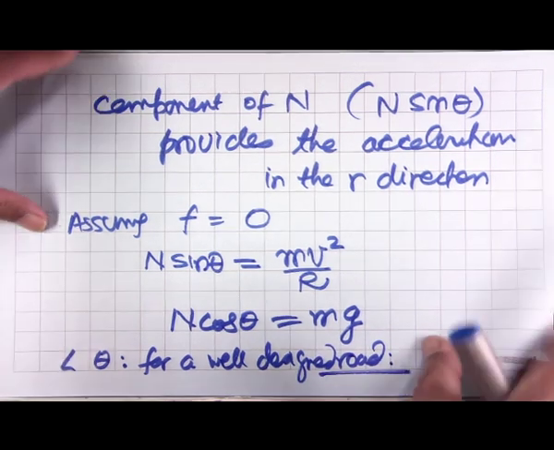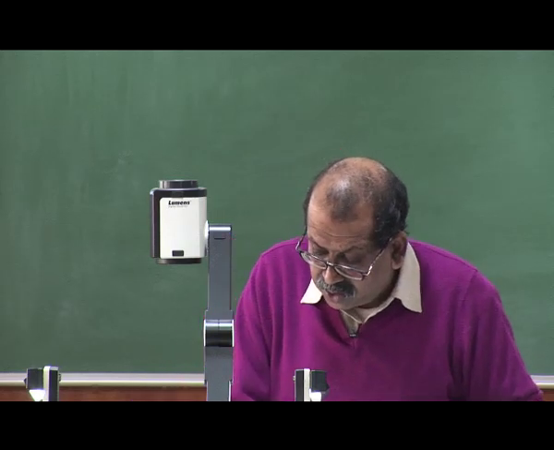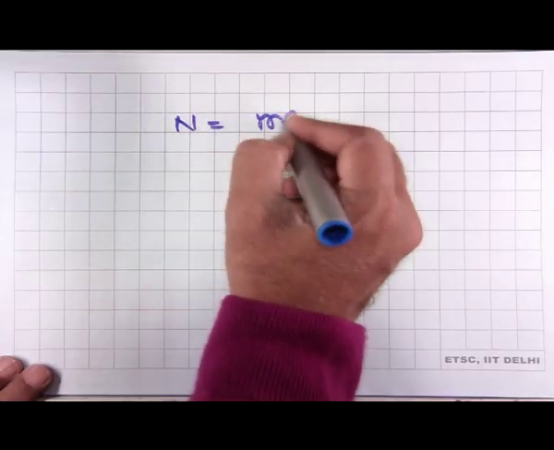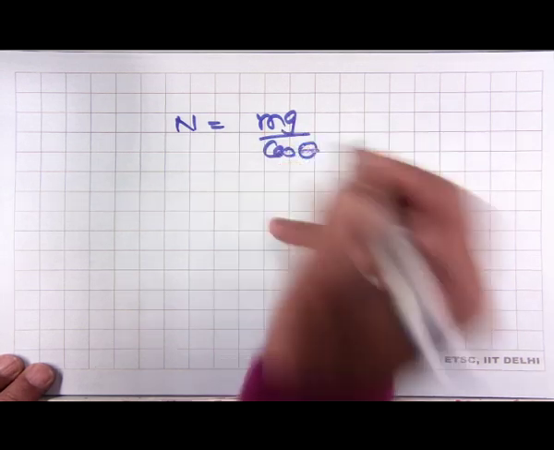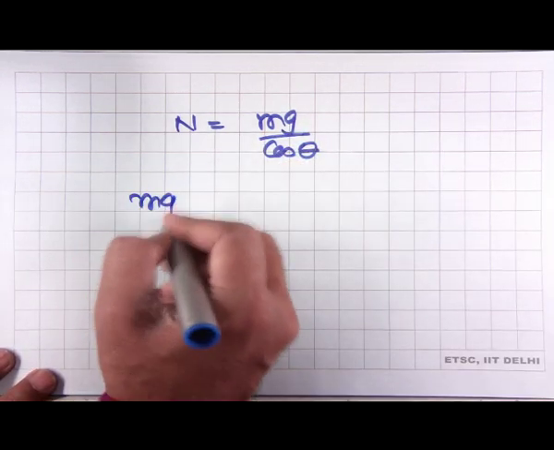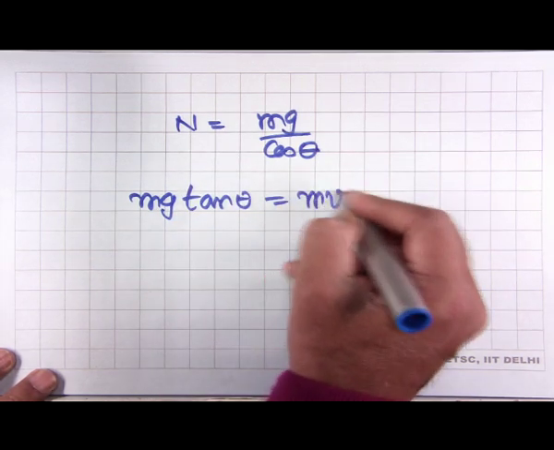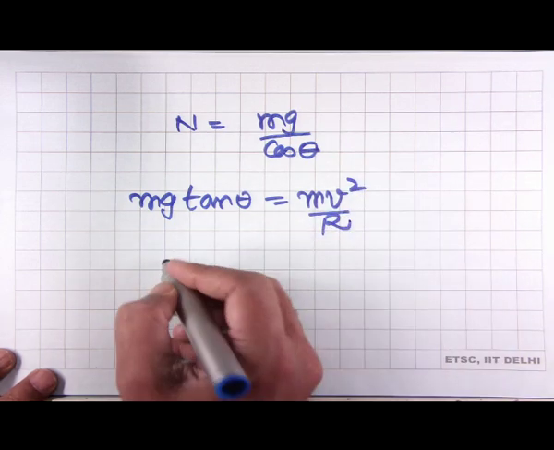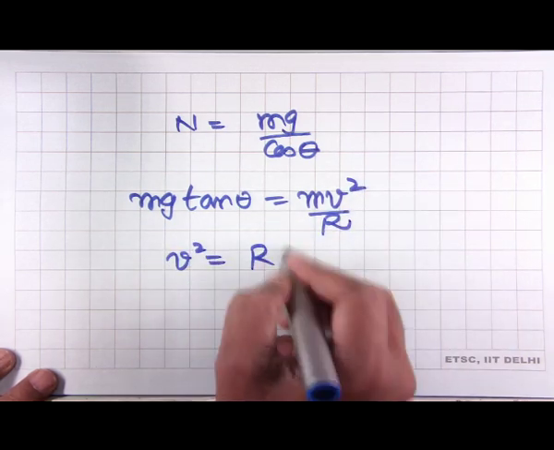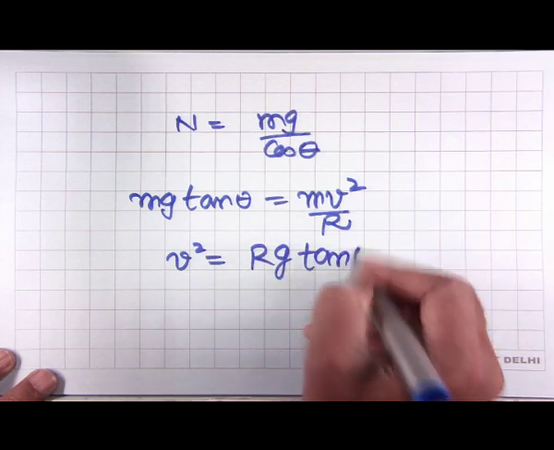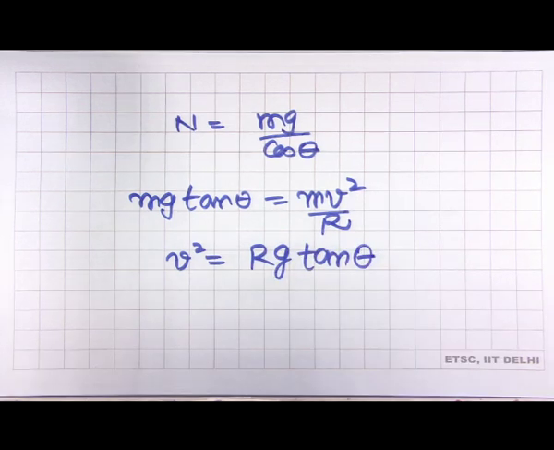And we get N is equal to mg upon cos theta. So, mg tan theta is equal to mv square upon r, and we get the same thing, v square is equal to rg tan theta, as we got in the case of a pendulum.